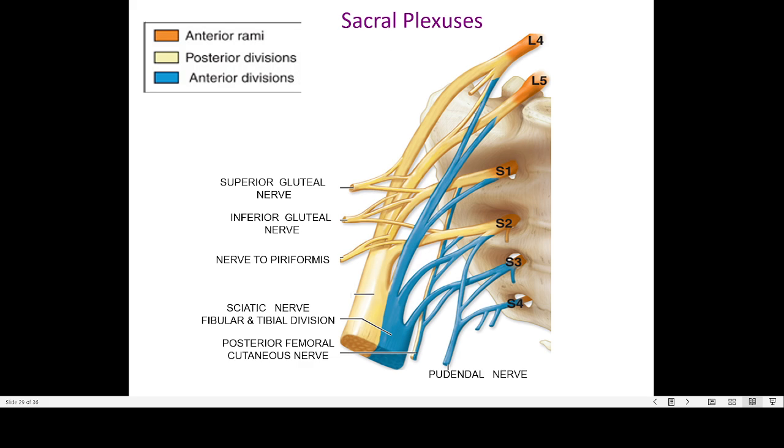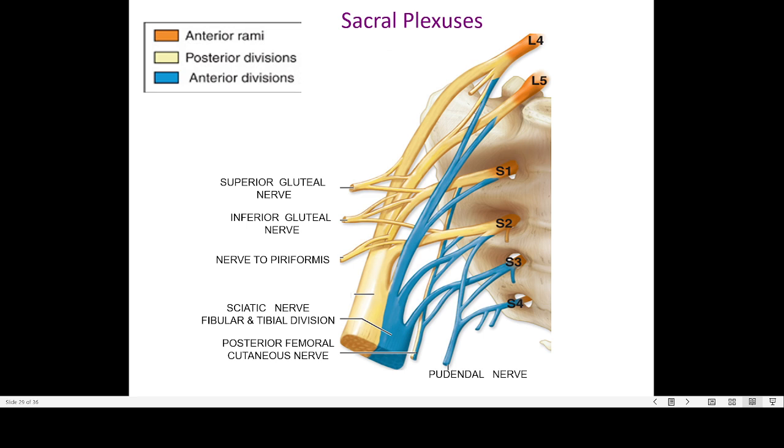That lumbosacral trunk is the union of L4 and L5, then along with that S1, S2, S3. So L4, L5, S1, S2, S3, their ventral rami unite to form the sacral plexus.